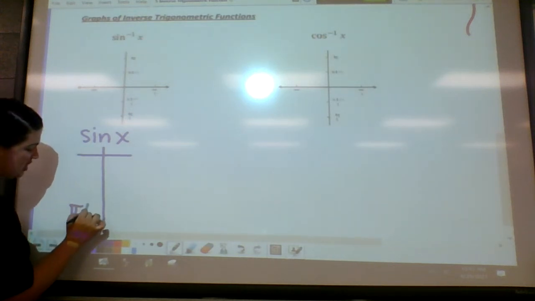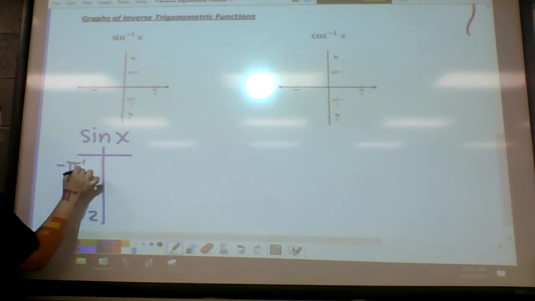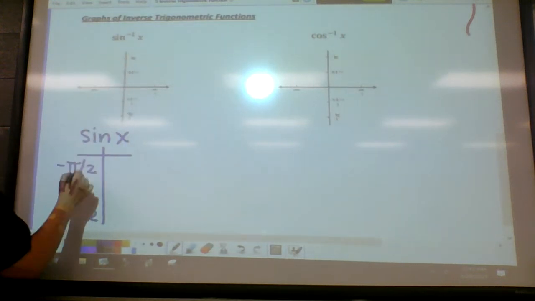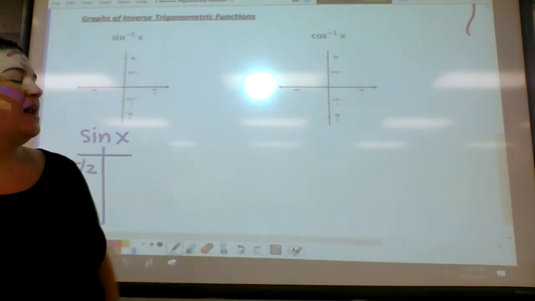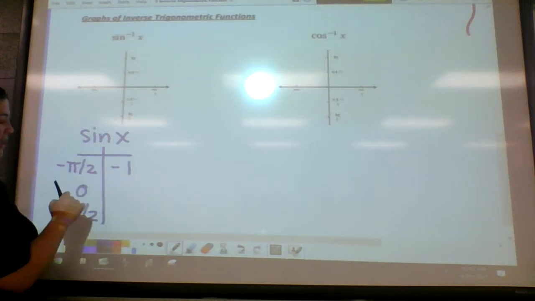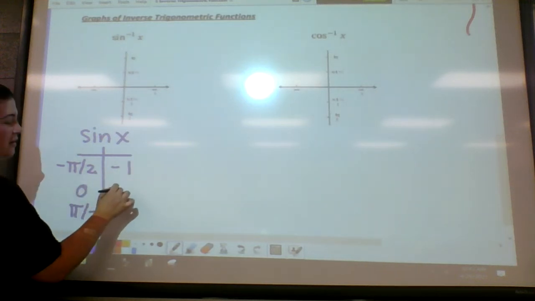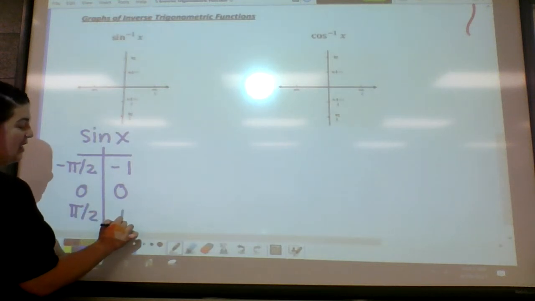It stops at pi over 2, and it also goes to negative pi over 2. And when it does that, it hits this really nice 0 along the way, right? Zero is in between there. So what is the sine of negative pi over 2? Using your circle, sine of negative pi over 2. Negative 1. Sine of 0 is? 0. And the sine of pi over 2 is 1.